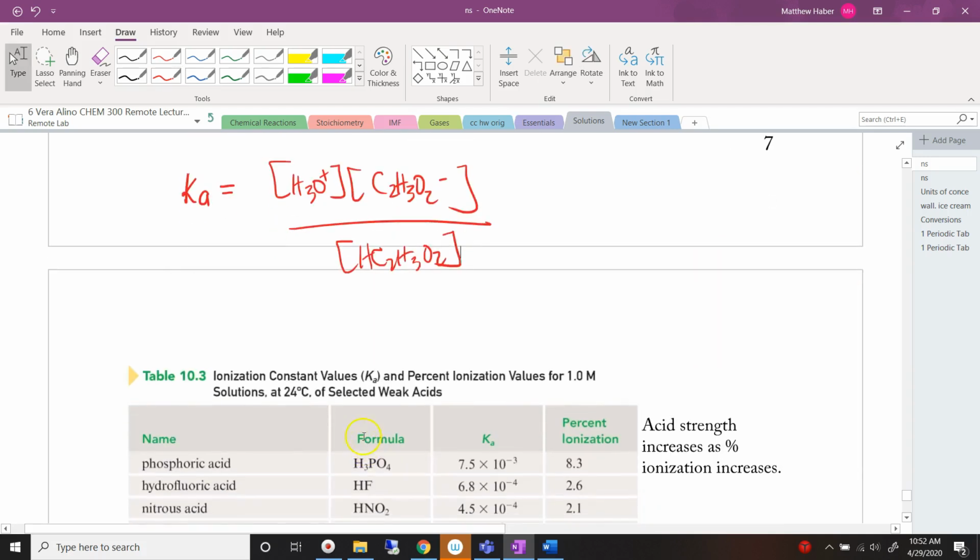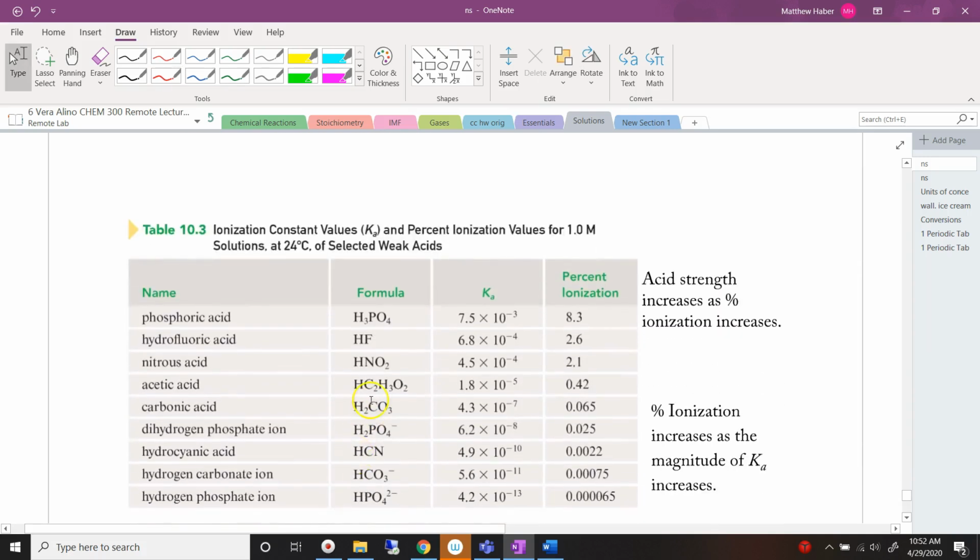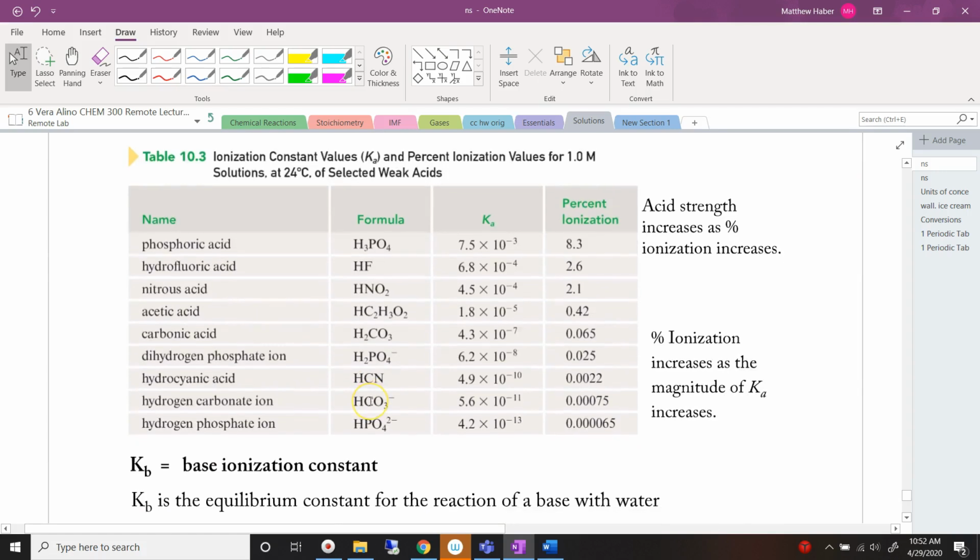Okay, so what I have here is a list of several acids and their Ka values. So notice that the exponent is always negative because it's close to 0. And the bigger the negative value is, the closer it really is to 0, right?